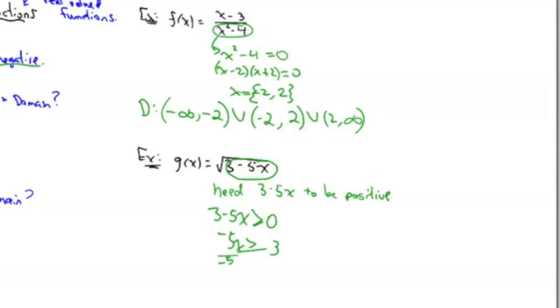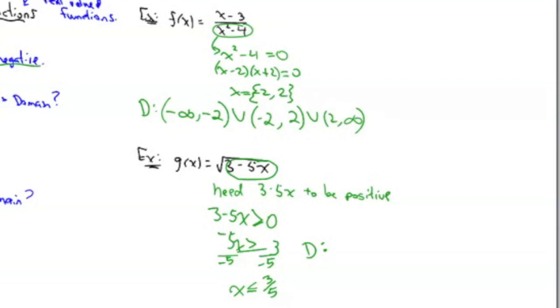Any bells and whistles going off in your head? I know that, but what does it do to my inequality? It flips it. So this becomes x is less than or equal to 3/5. So when I talk about the domain here, the domain is from where to where?